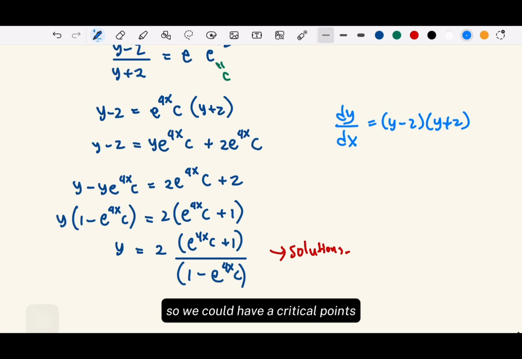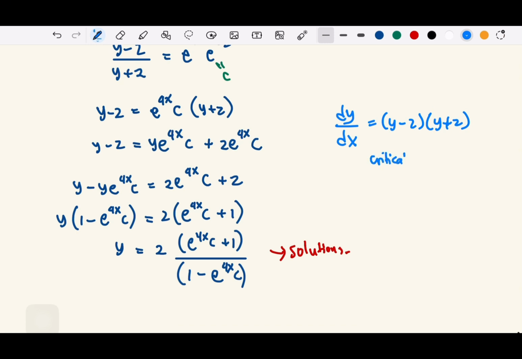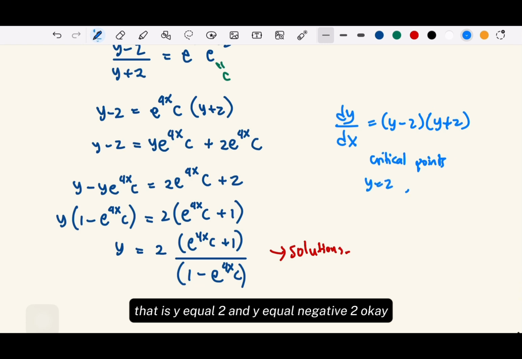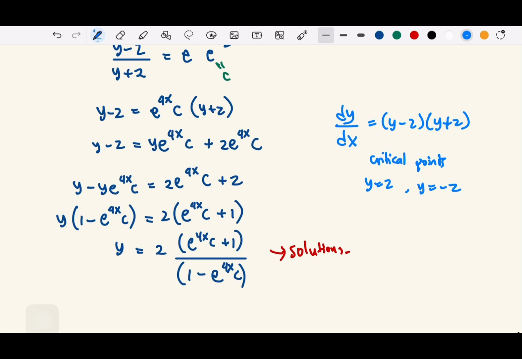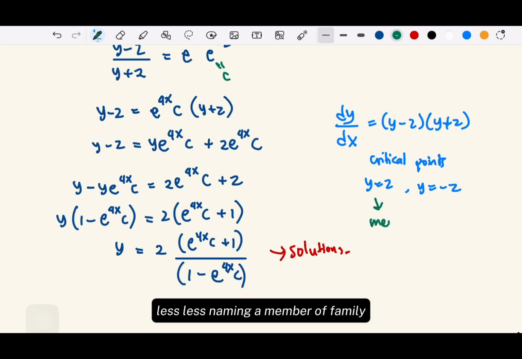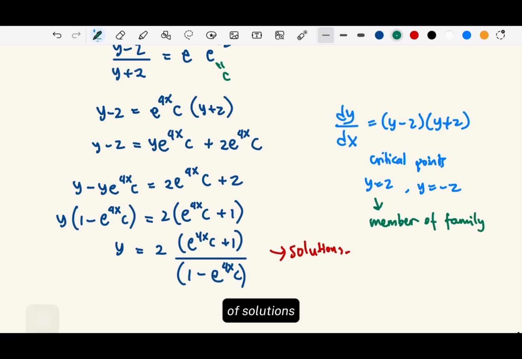Okay, so let's go right here. So we could have a critical point that is y equal 2 and y equal negative 2. Okay, so y equal to, of course, this is, let's name it, a member of the family of solutions, if the c equals 0.